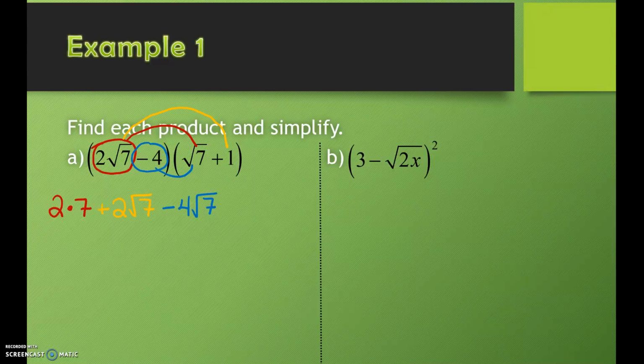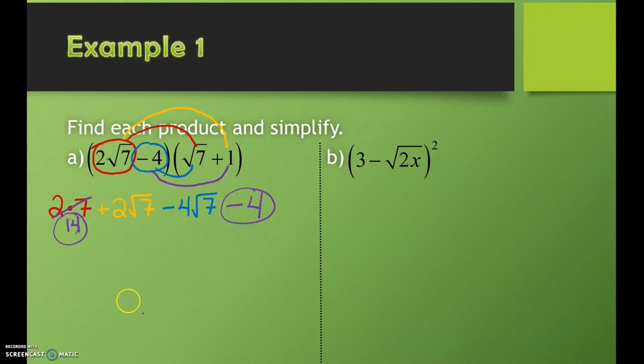And then we have negative 4 times 1, which is negative 4. And some of you already replaced this 2 times 7 with 14. That's fine. So for like terms, we've got 14 and negative 4.